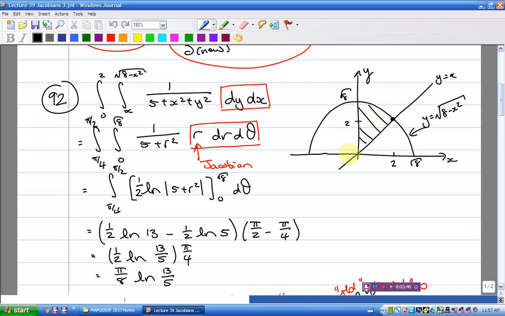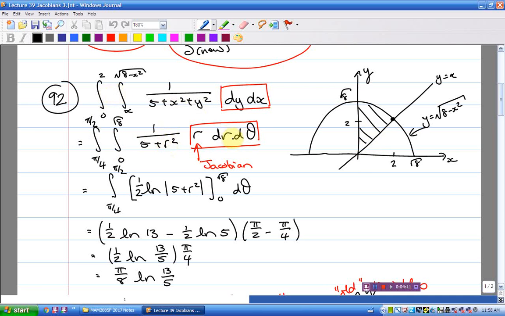Because in this sector, you have r going from 0 to root 8, which is the radius of your circle, and theta going from pi over 4 to pi over 2, because this angle over here is pi over 4, and then this angle over here is pi over 2. So you can see limits of integration for r and theta are just numbers, which makes everything so much easier.